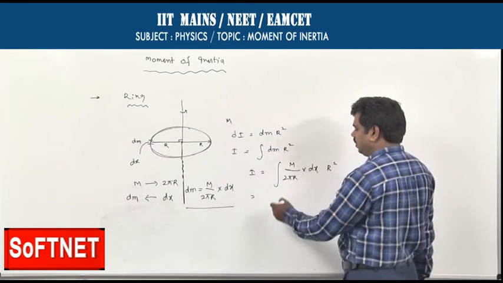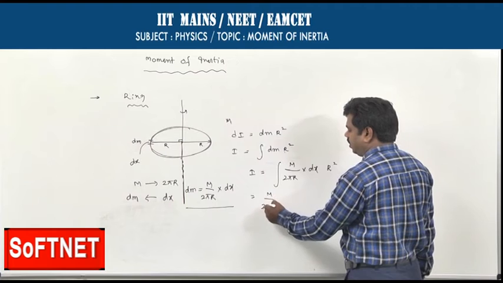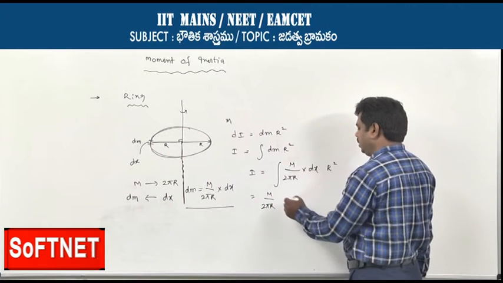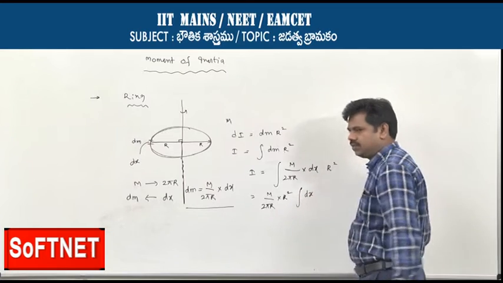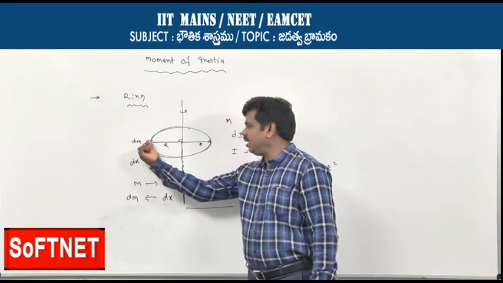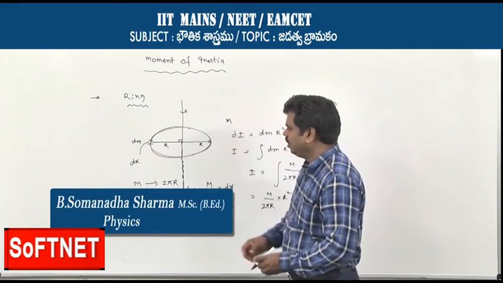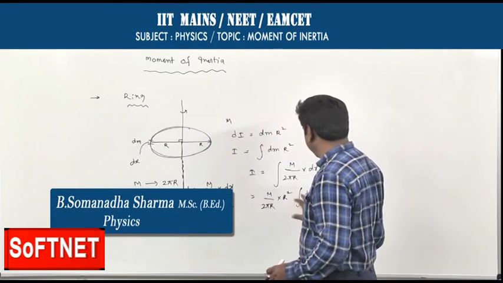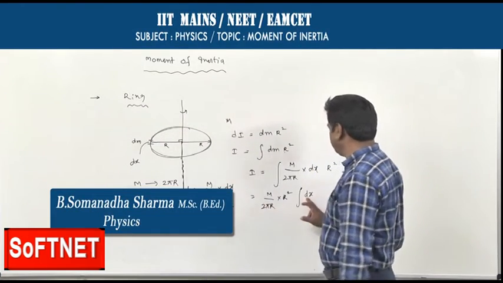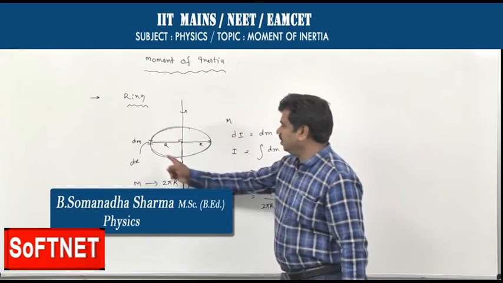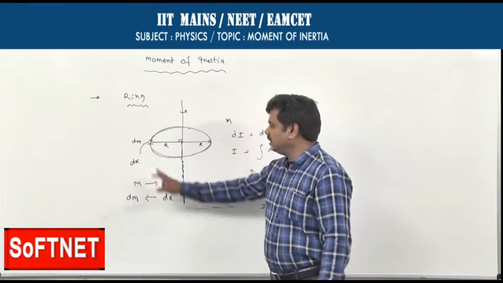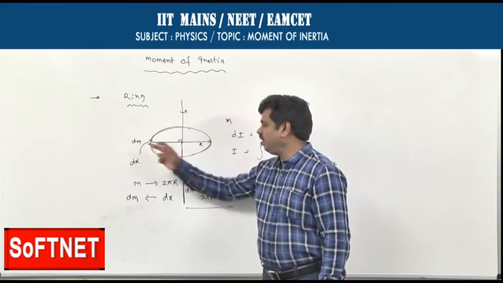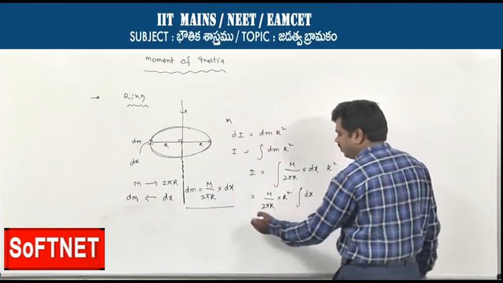And what will become outside? M by 2 pi r into r square, integration of the dx. Dx is a small element that I assumed here. Now if I integrate this small element, that is the length of this small element throughout the circumference of this ring, the total length will simply become again 2 pi r.